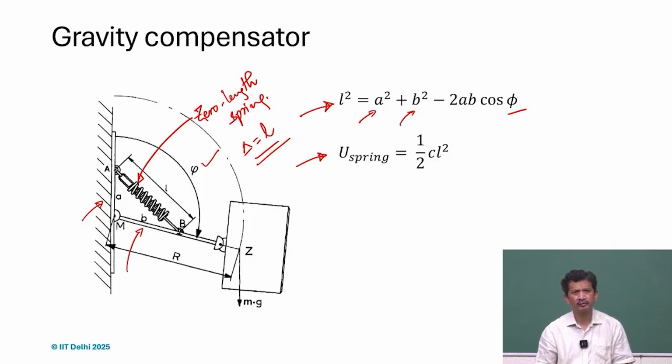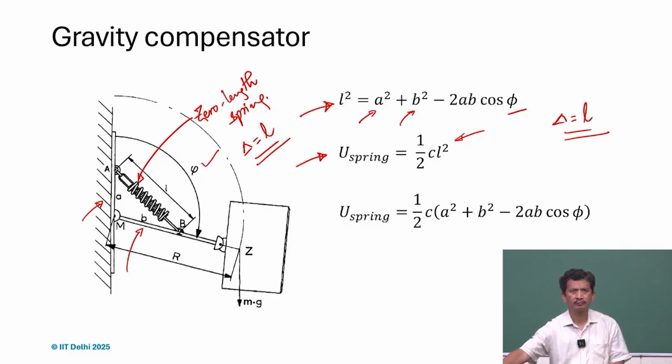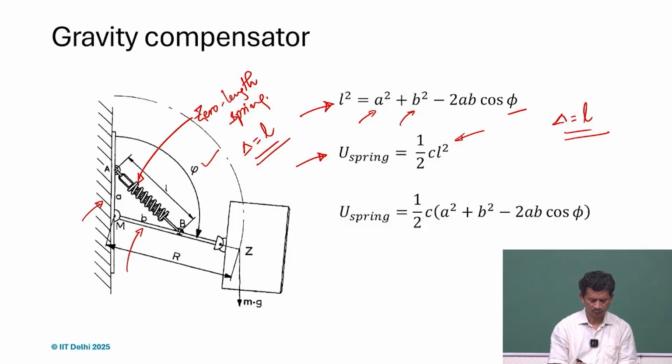The potential energy stored in this spring because of the deformation, the elongation of the spring, can simply be written as half C L square, because delta is the length itself. So we can simply substitute that.